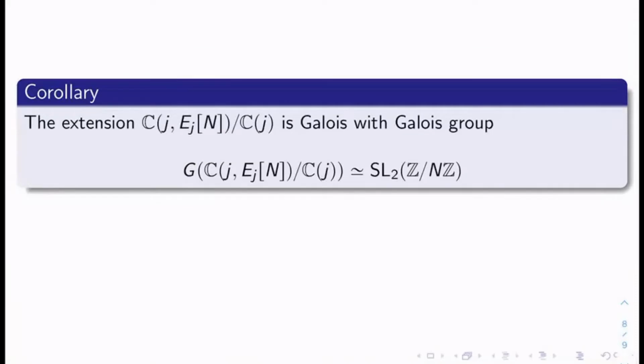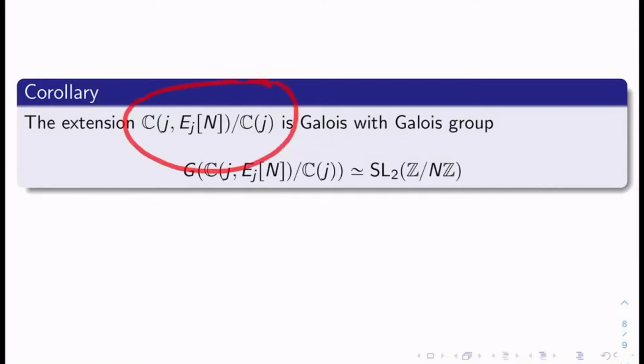You might ask, what if I take the full torsion field? What if I take C of J, the field over which my universal elliptic curve sits, and add in all of the n torsion of the universal elliptic curve to it, not just the x coordinates? Well, of course, that field extension is still going to be Galois.